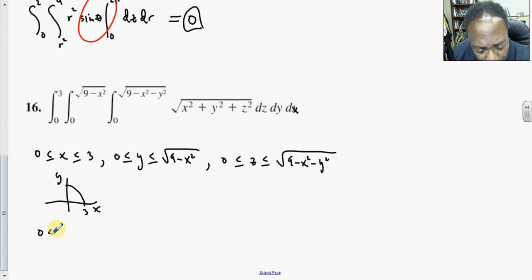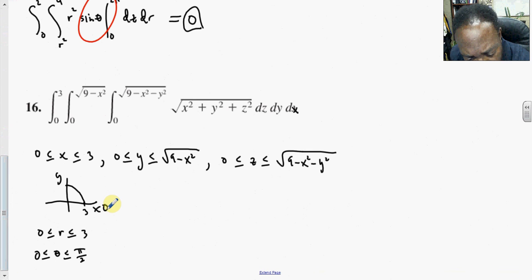So we have 0 less than or equal to r less than or equal to 3, and then theta is bounded from 0 to pi over 2, right? And then the radius is 3. So that's a good starting place for us.